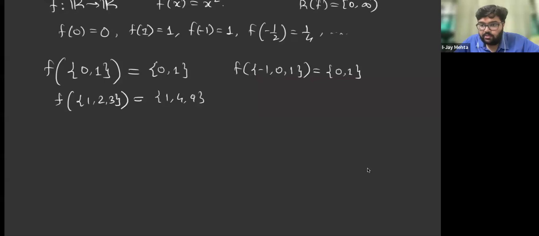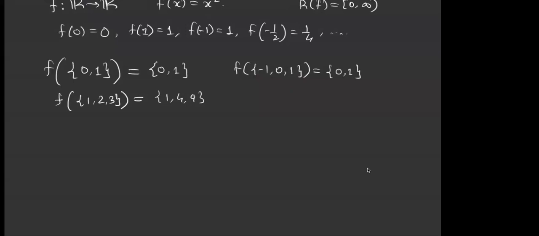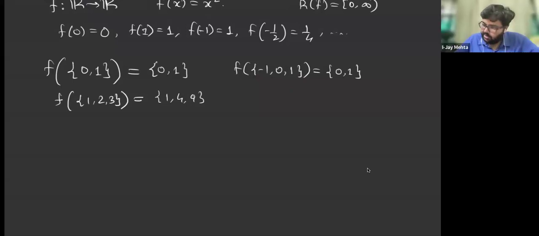Takshak, same answer? Yes. Okay. So that means, see, now I'm taking sets. Here I had taken elements, real numbers. We can give the image: f of 1 is 1, f of minus 1 is 1, f of minus 1 by 2 is 1 by 4. But here I'm giving sets, subsets of R, right?